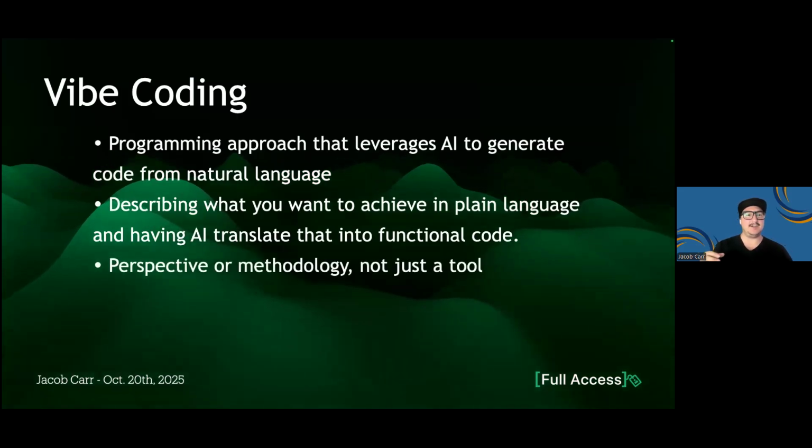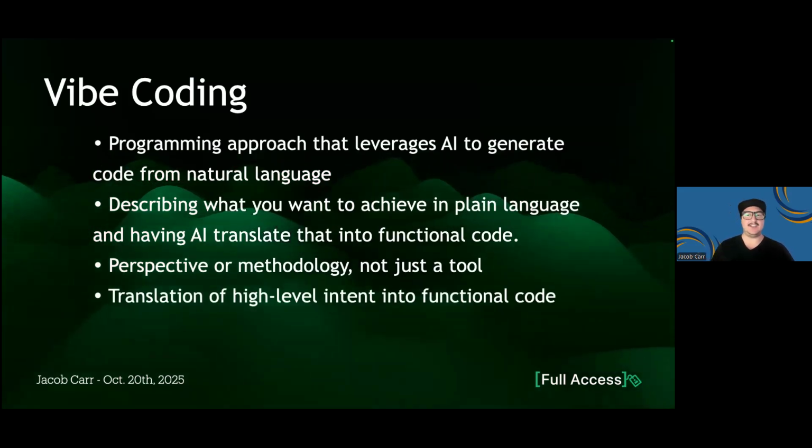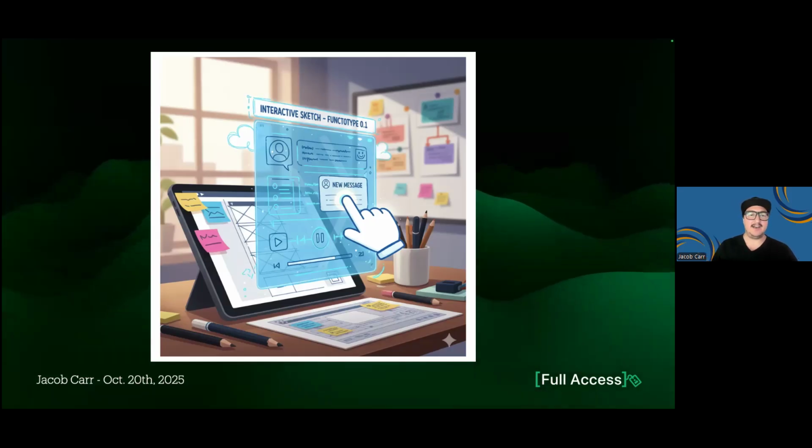It's not just a tool, it's a perspective and a methodology. You're taking your high level concept and translating it into code. I think of it as starting a sketch and drafting it out, but by the time you finish your draft, it's working.